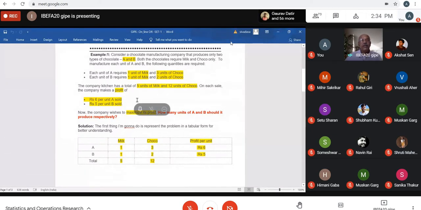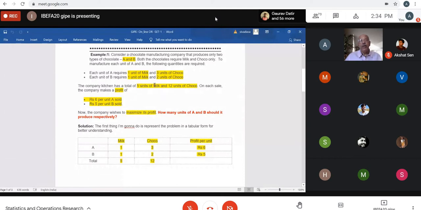The company kitchen has a total of 5 units of milk and 12 units of choco. On each sale, the company makes a profit of 6 rupee for A and 5 for B. How many units of A and B should it produce for maximum profit?